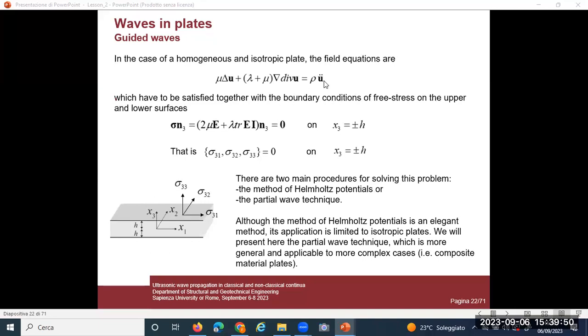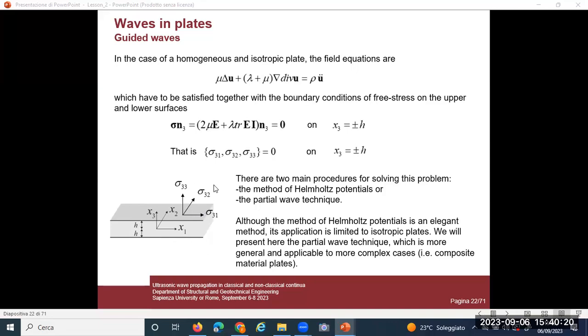So let us start from the case of bulk waves in a homogeneous and isotropic plate. Equations, you know them, we saw them this morning. They are these ones. But now these equations have to be satisfied together with some boundary conditions of free stress on the upper and lower surfaces.